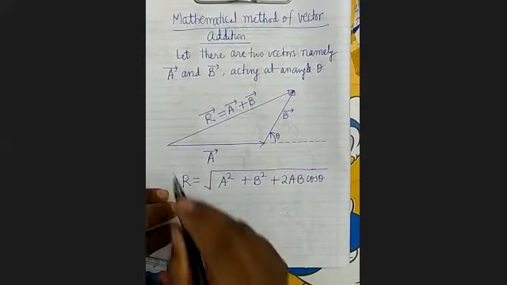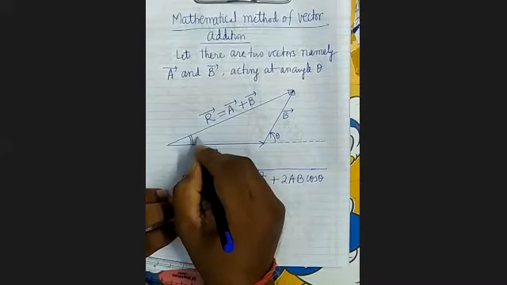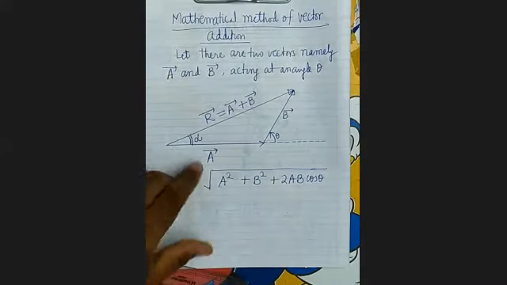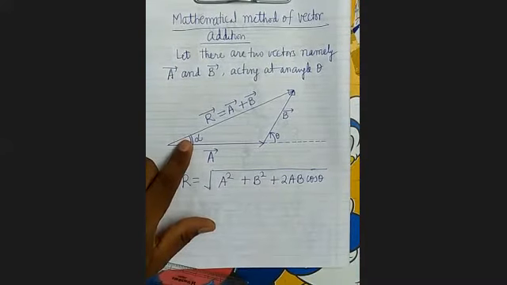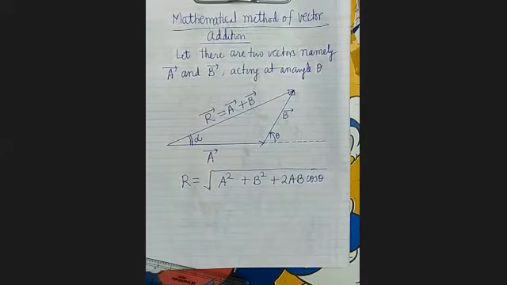Now, how will you express the direction? I have explained: the direction of the resultant vector is expressed by the angle which it makes with the first vector.